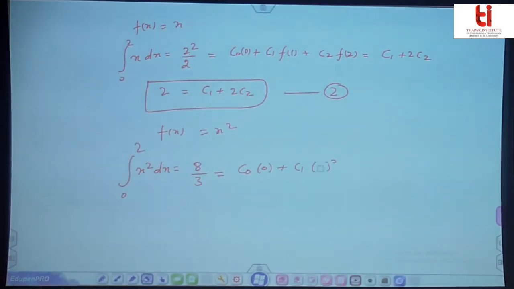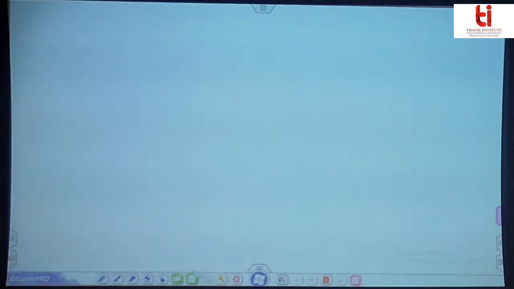So the value is coming out to be 8 by 3 = c1 + 4c2. Now solve equations number 1, 2, 3 together. We are getting the values c0 is 1 by 3, c1 is 4 by 3 and c2 is 1 by 3.